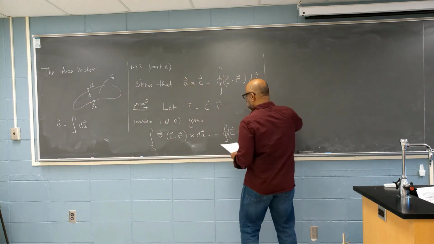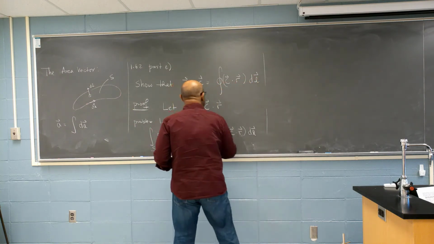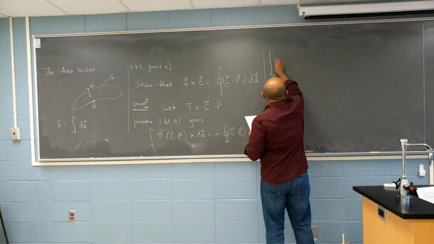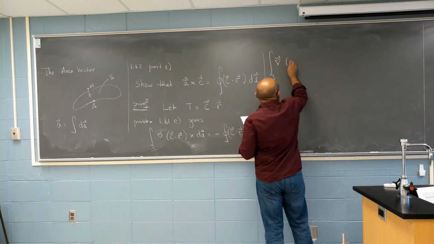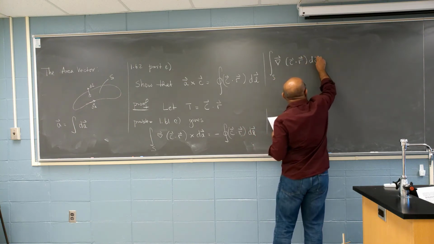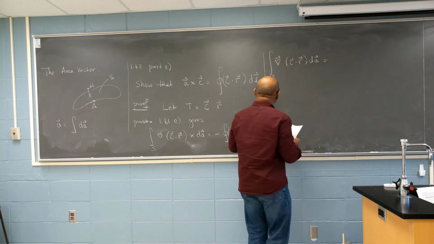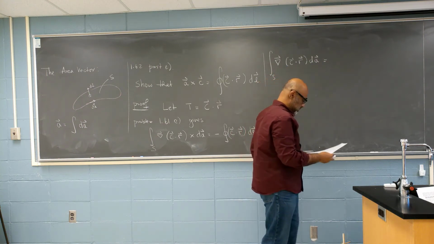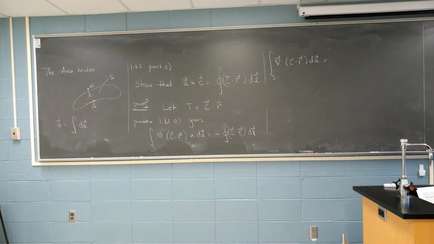Okay, so I'm going to start with this guy. It's the gradient of the dot product of two vectors. And I'm going to use, where is it?